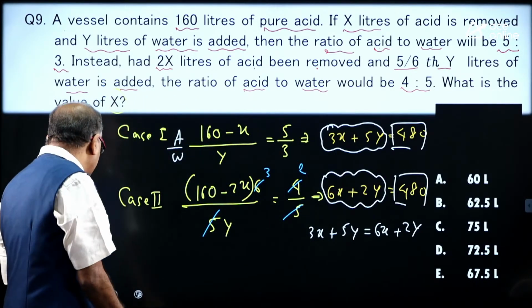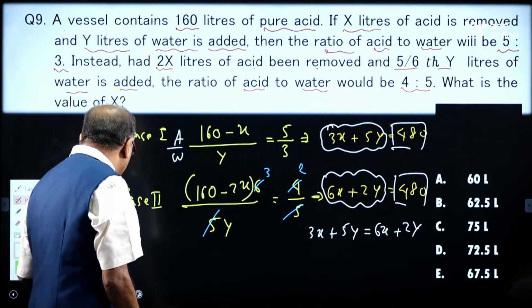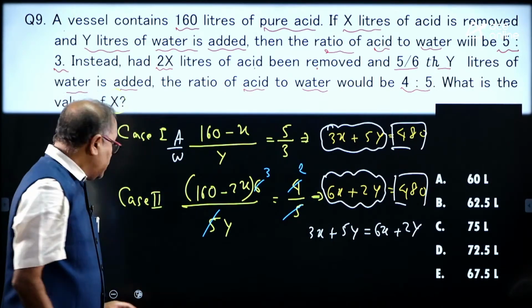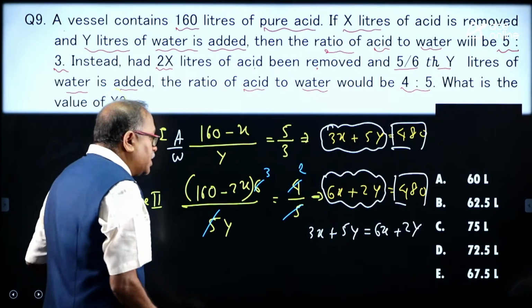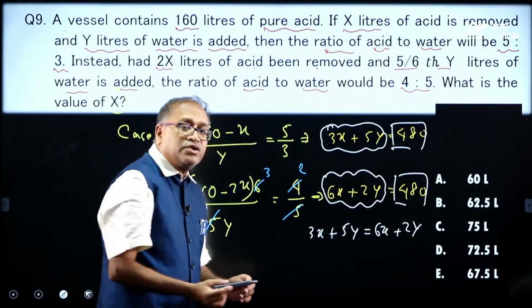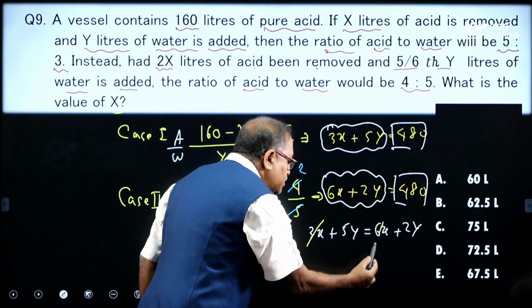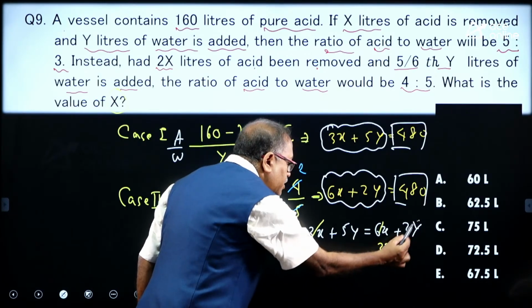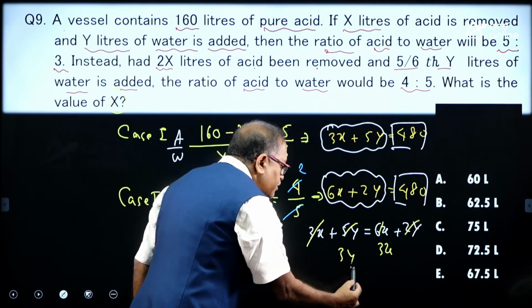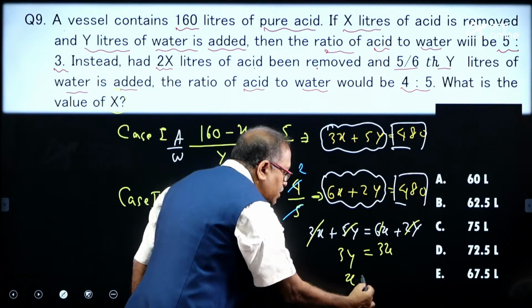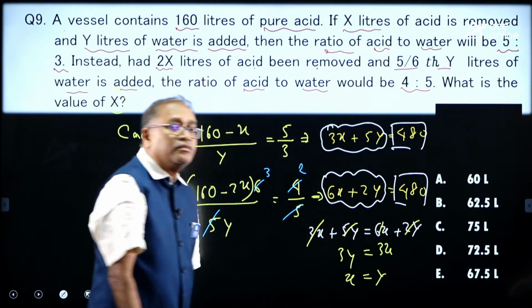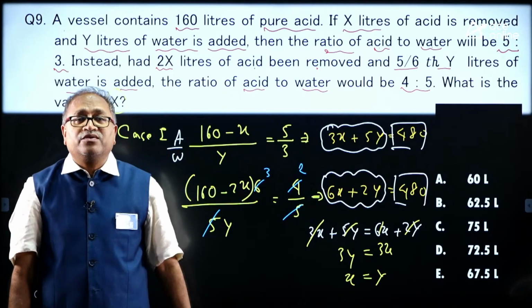Now, finish it my dear friends. If you are focusing on the calculation, I think it is very clear that x is equal to y. Why is it clear? Because I notice that this is 3x and this is 3y. So, x is equal to y, but I did not get the value of x.